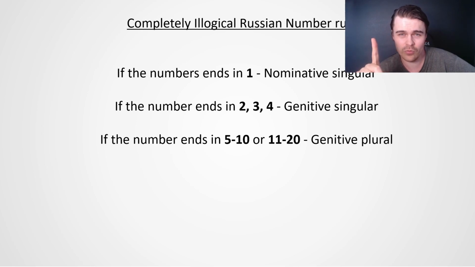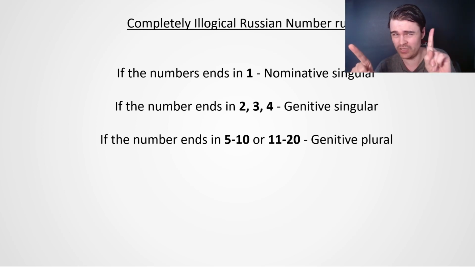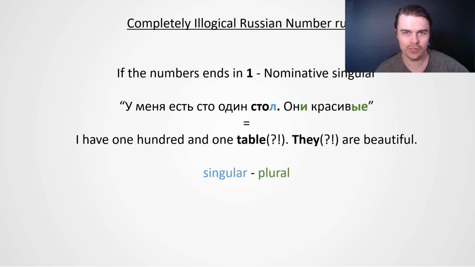So you could say у меня есть миллион один стол. It's like I have a 1,000,001 table. Somehow it's singular, even if there's a million. And then in the next sentence, you use plural. You can say у меня есть 101 стол. Они красивые.